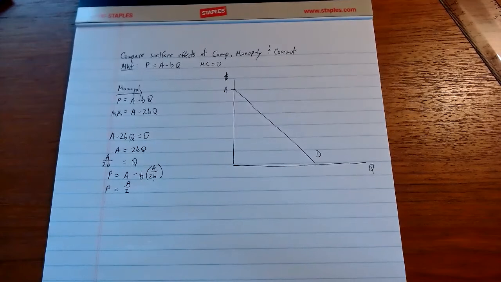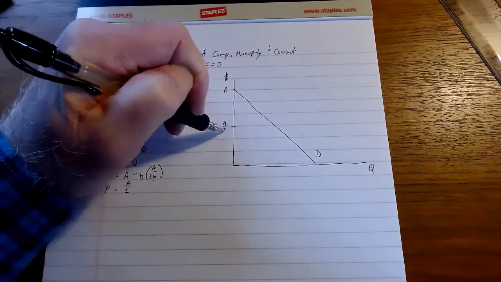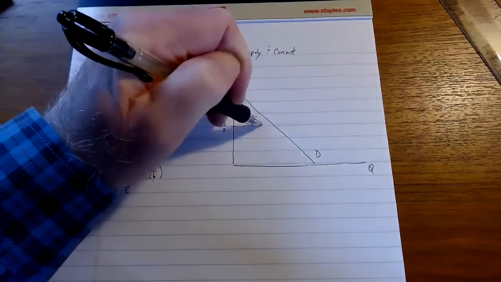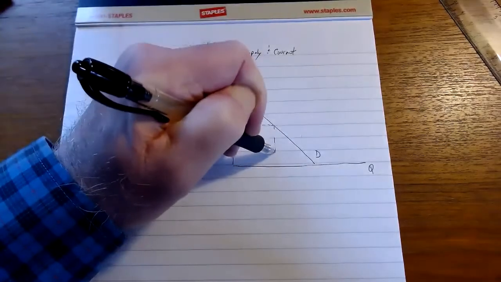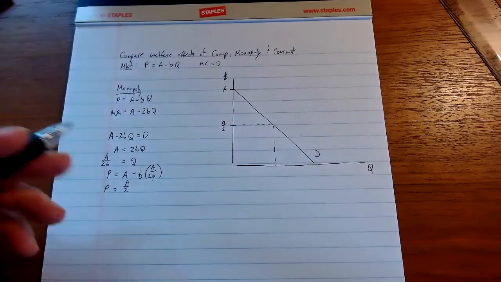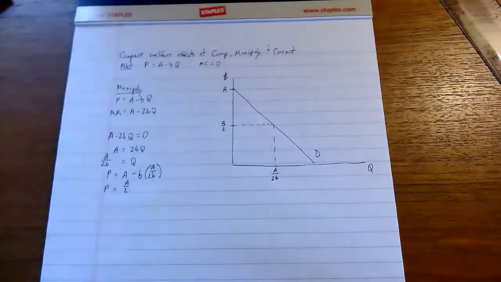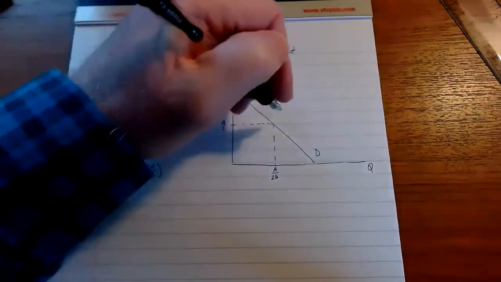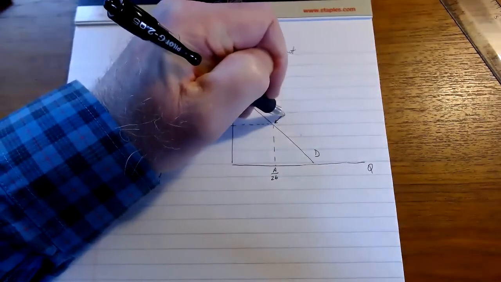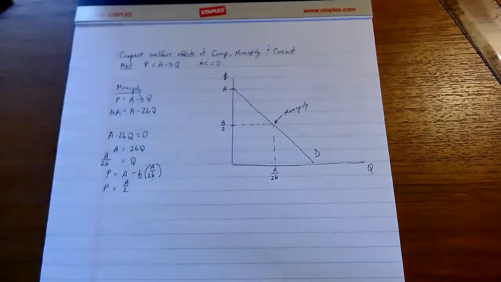Okay. So if this is A, then this would be A over 2, and the corresponding quantity for the monopoly is A over 2B. Okay, so that's the monopoly price and quantity for this market.